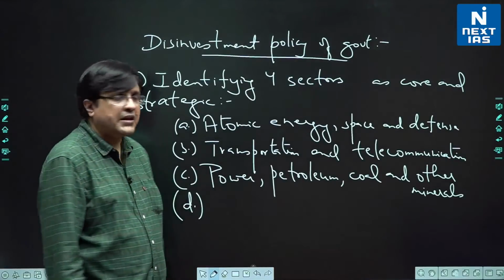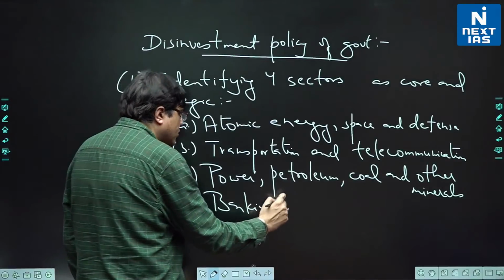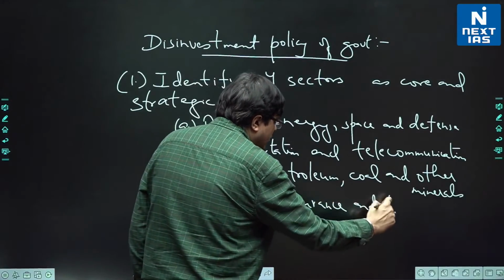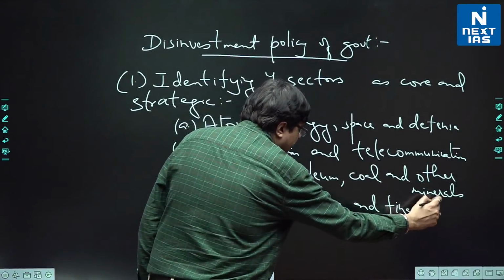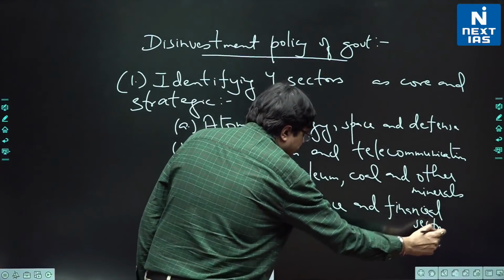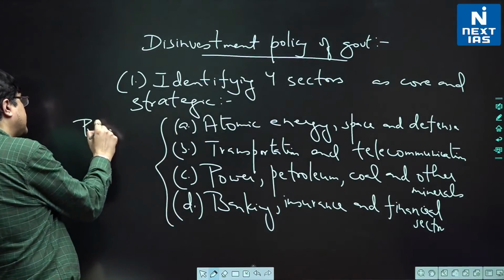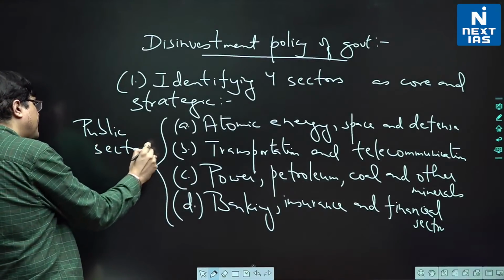That's the other sector, where they say that in banking, insurance and financial sectors. So they say these are our core and strategic sectors. So the government will always be present in these sectors. Public sector presence will be maintained in these sectors.